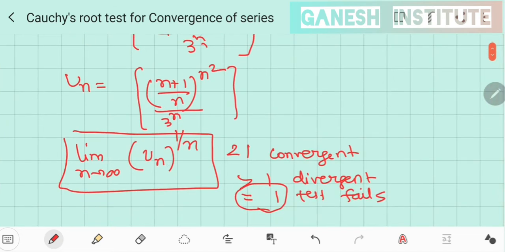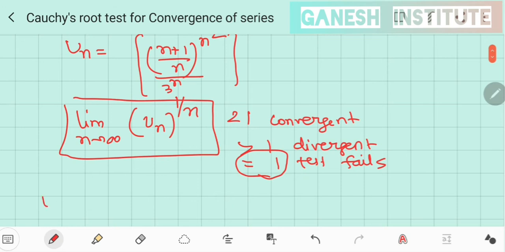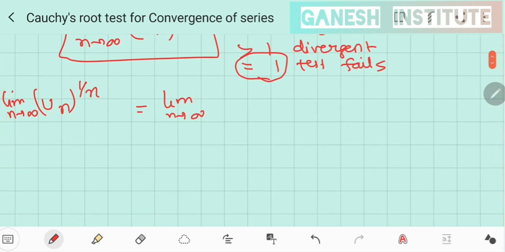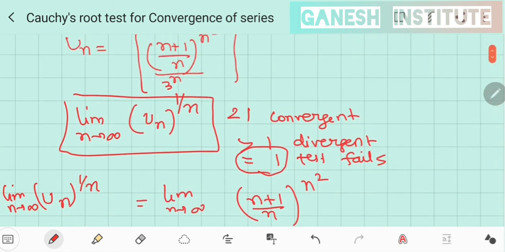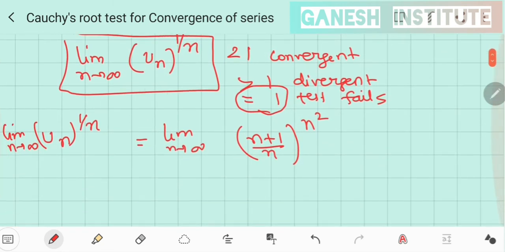Un raised to power 1 by n, limit n tends to infinity. Your un is (n plus 1 by n) raised to power n square, divided by 3 raised to power n. This is your un, then raised to power 1 by n.